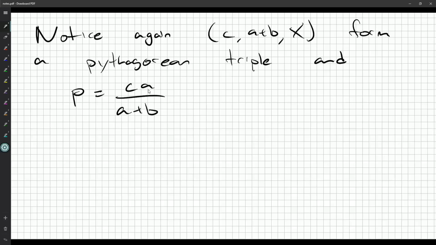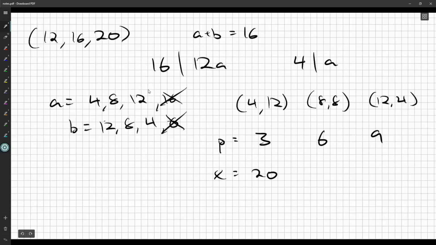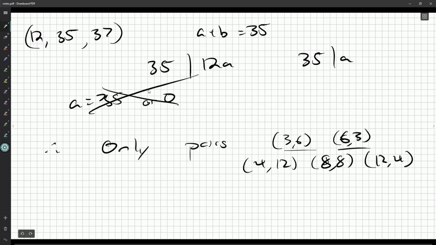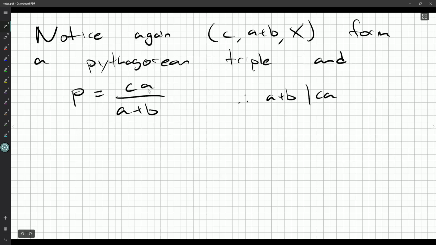So I want to use the fact that a plus b must divide ca. And we already saw earlier that all these a's and b's have a common factor that's at least 3. But how can we show that has to be the case?